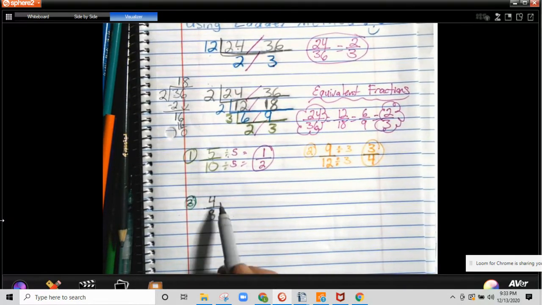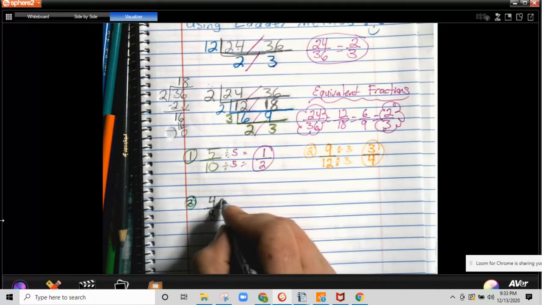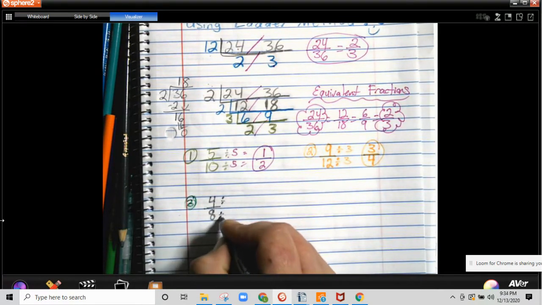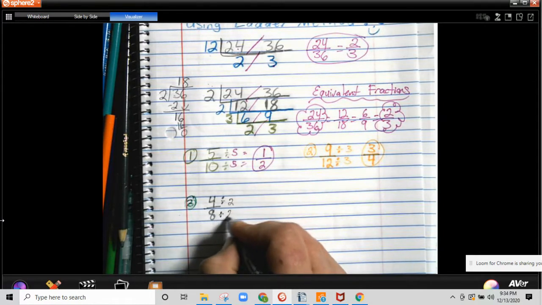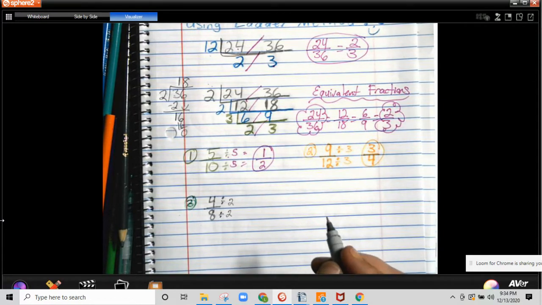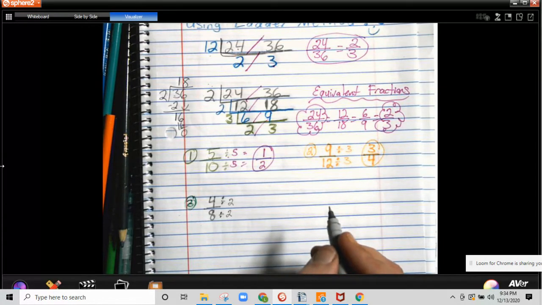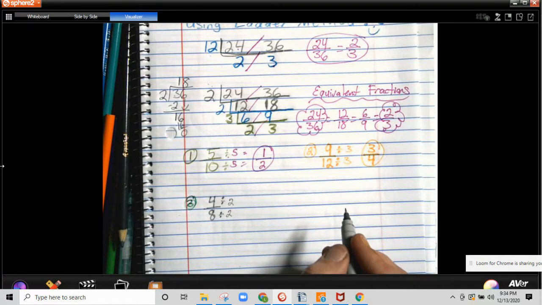Well, what number goes into both 4 and 8? Some of you may pick 2 because they're both even. And that is one of our rules with putting fractions in simplest form. If the numerator and the denominator both are even, then it can be simplified.